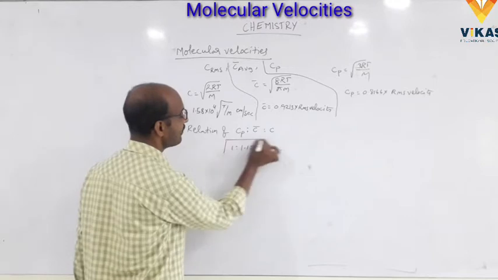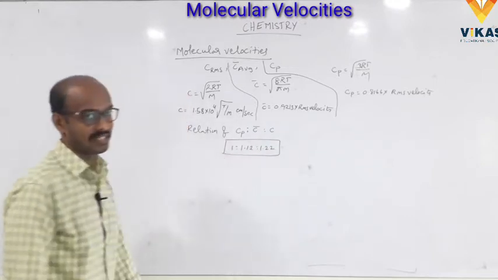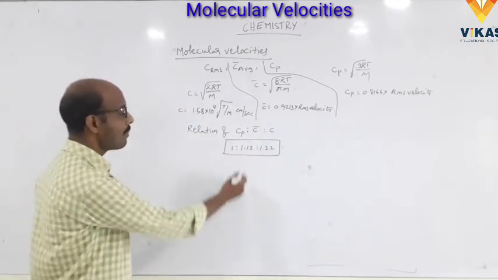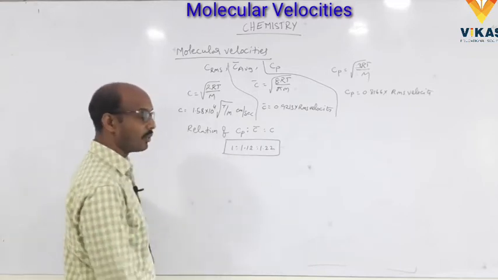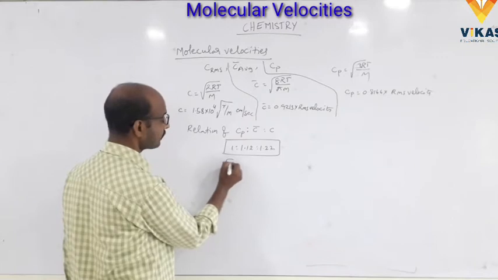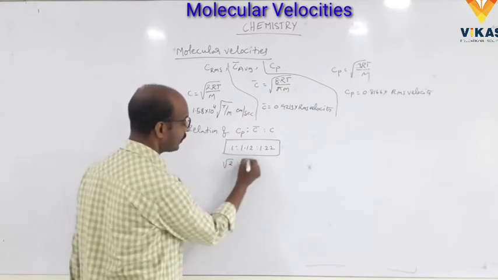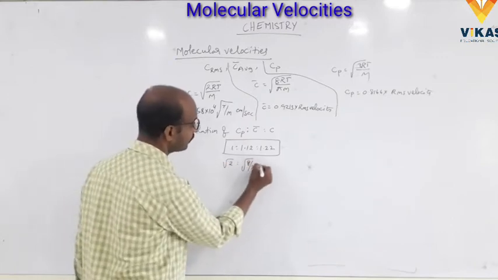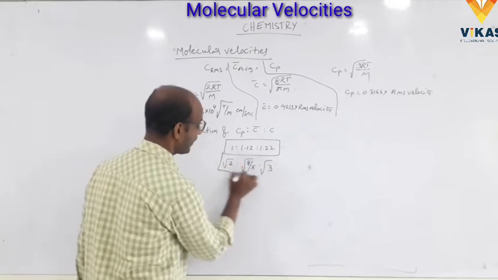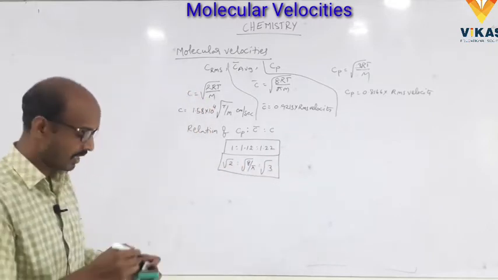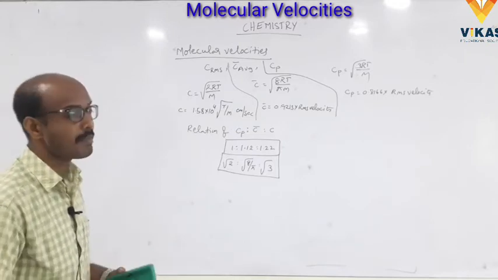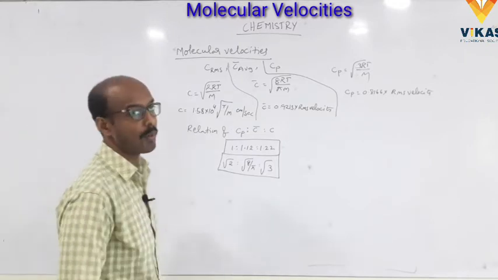This is the relation between the molecular velocities, that is 1 is to 1.12 is to 1.22, or root 2 is to root 8 by pi is to root 3. This is the relation or ratio of the molecular velocities. Clear? So molecular velocity: RMS velocity, average velocity, most probable velocity.